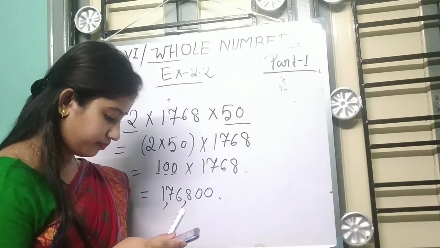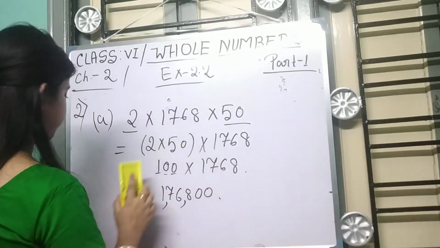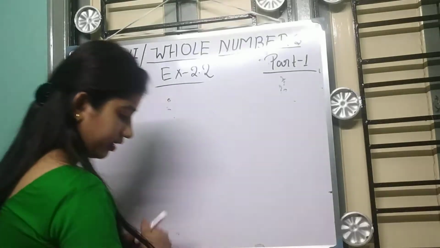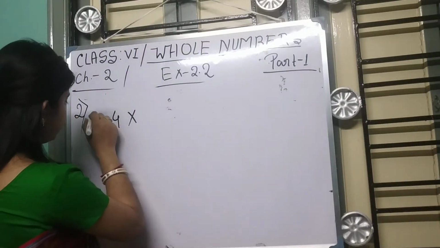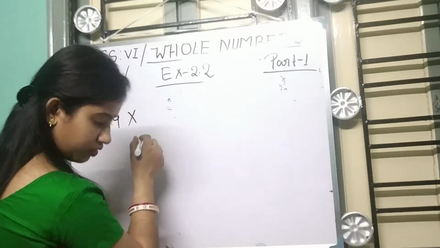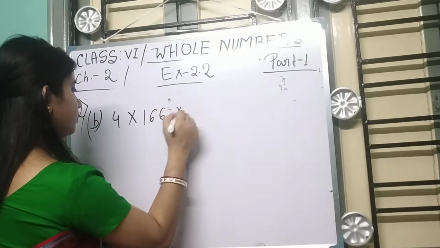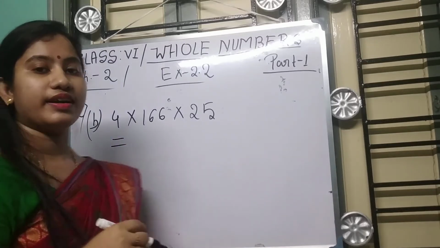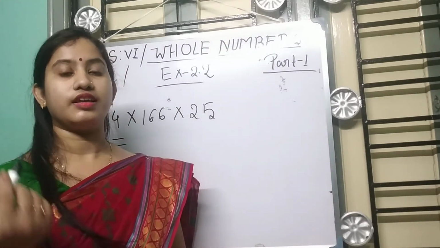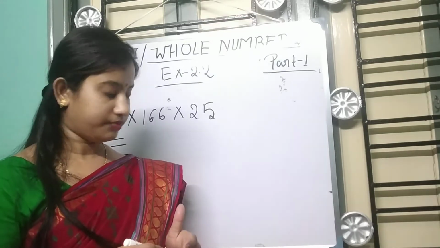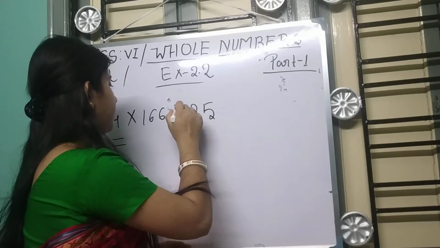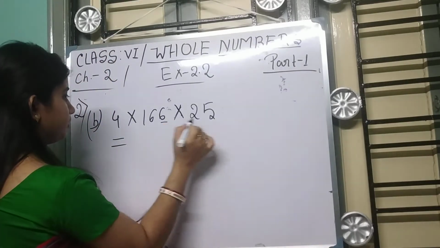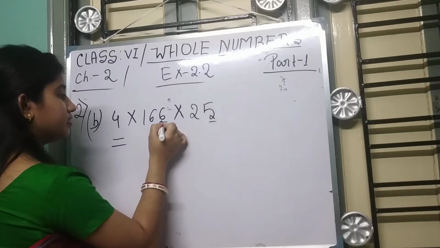Now next we try number b. 4 into 166 into 25. Now for getting 10, 100, 1000, first we see the ones places. Here this is 5, this is 6.